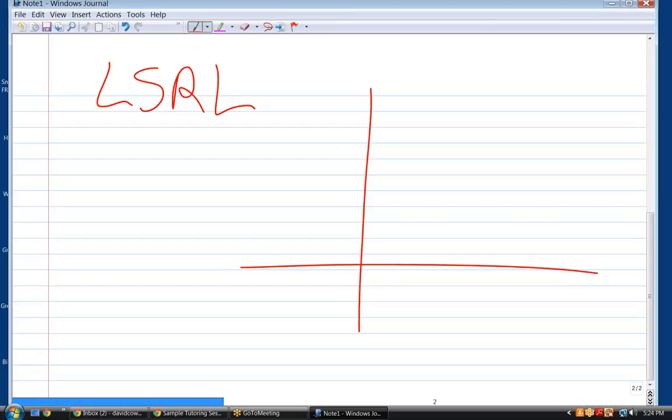If I draw an XY coordinate plane like that, where this is the x-axis and this is the y-axis, and I put a bunch of data points on there. Let's say that I have an x value of 2 and a y value of 2. And then I have another data point up here, maybe an x value of 4 and a y value of 5.